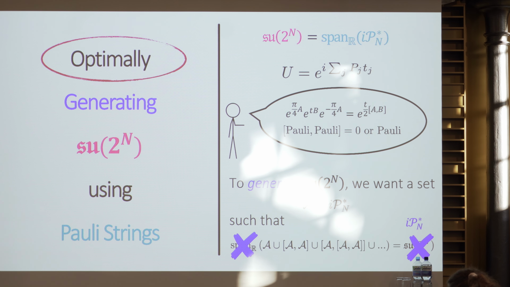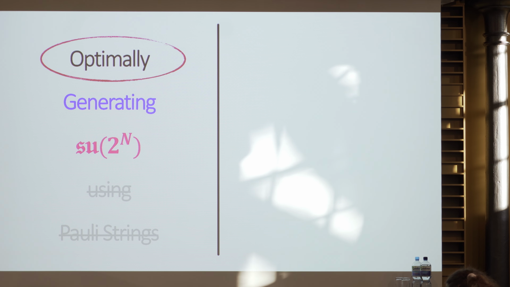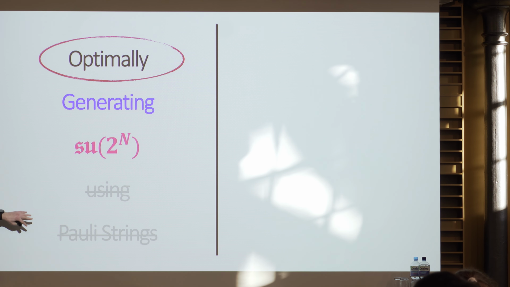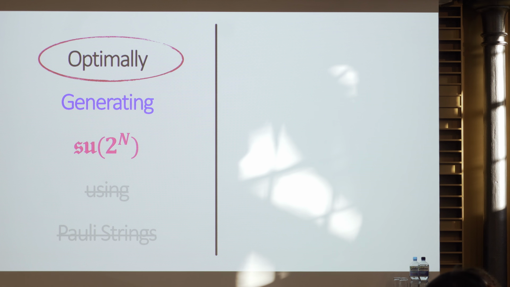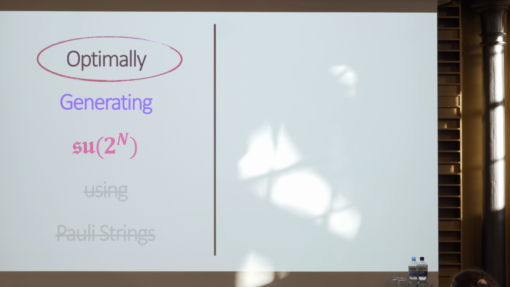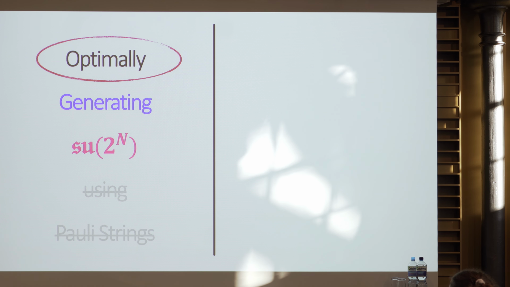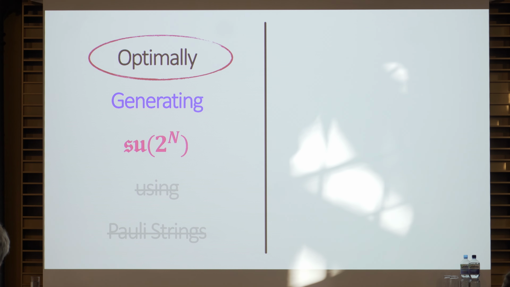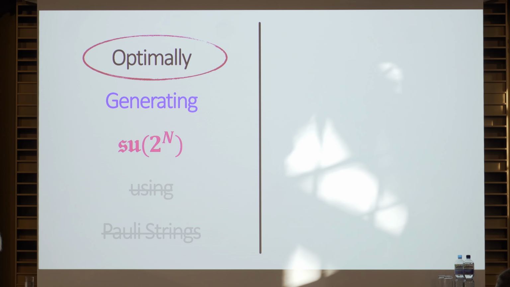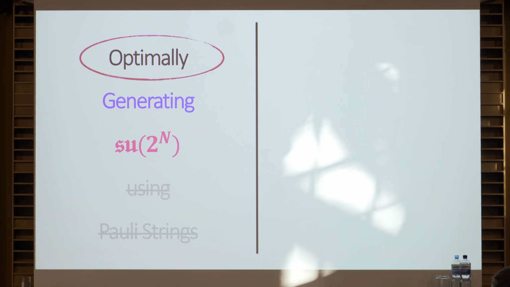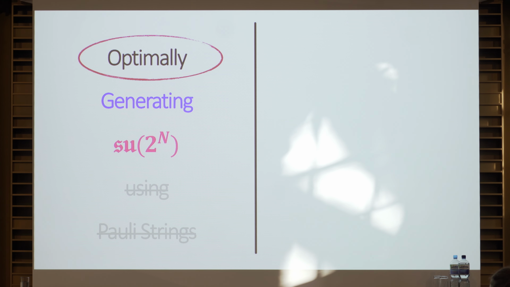But I want to make one comment, because I think it's important for this talk. We heard yesterday that we had an answer to this question, well, not the optimality part, but we saw that if you have all local rotations for 2 qubits and you have a global Heisenberg interaction, you can do everything.